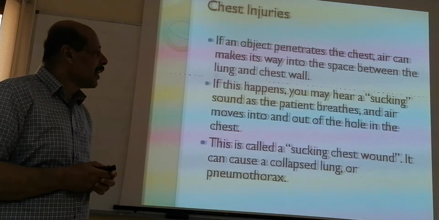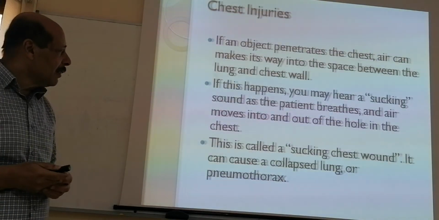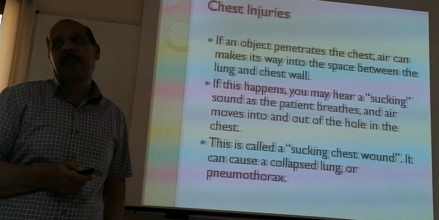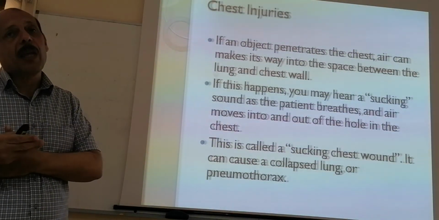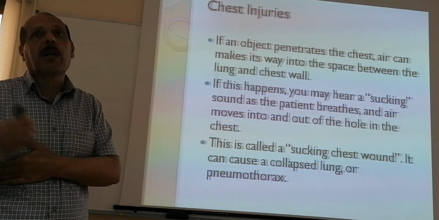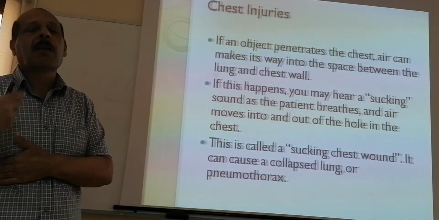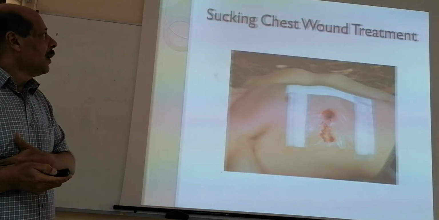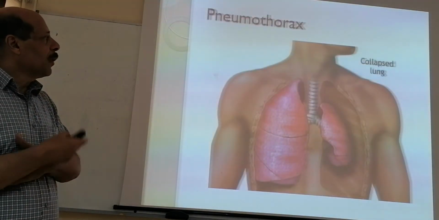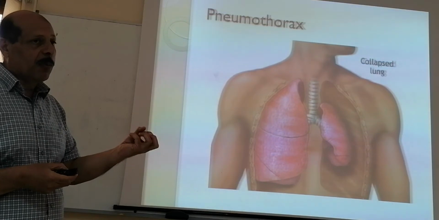This is called a sucking chest wound, and it can collapse the lung. So in this case, we have to immediately close it with any piece of cloth or any plaster, and transfer him immediately to the hospital. So it might lead to what we call collapsed lung.